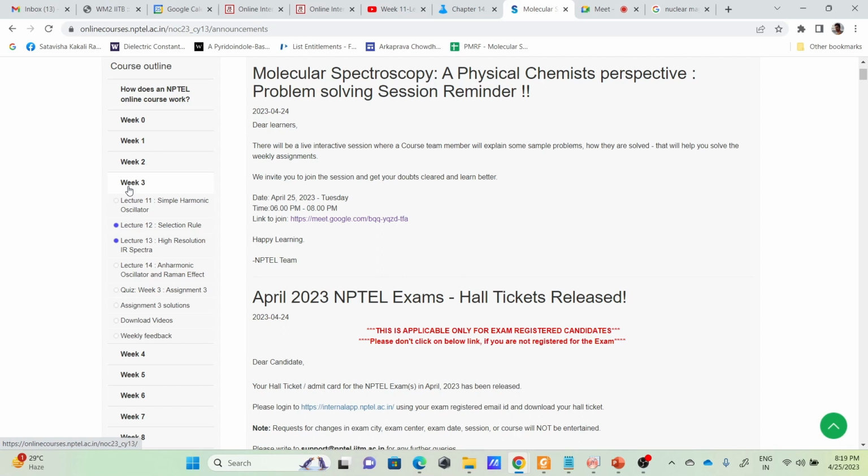So each vibrational level contains rotational levels, right? And then we discussed high resolution IR spectra, what anharmonicity is, and then we discussed the Raman effect. Raman effect is nothing but the scattering of light. We discussed Stokes shift and anti-Stokes shift, and we also discussed different selection rules for that, right?